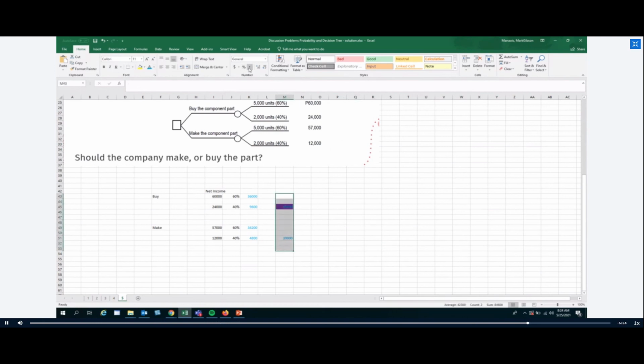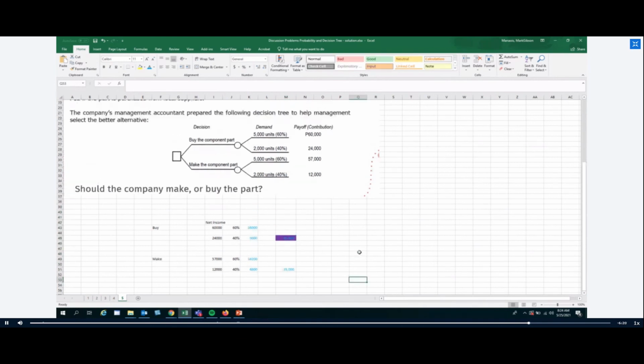So given these numbers or values, should the company make or buy the part? Of course, our answer is to buy the part. As you can see, we can earn more than making the part.